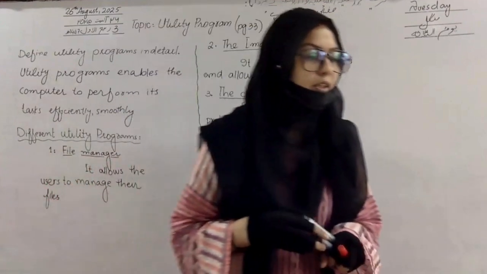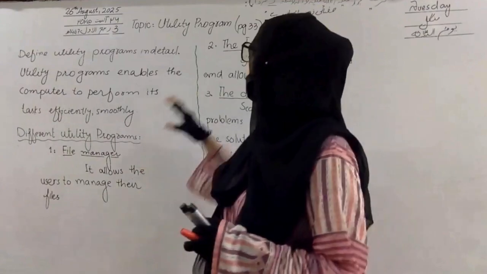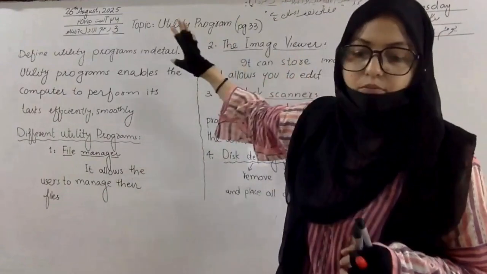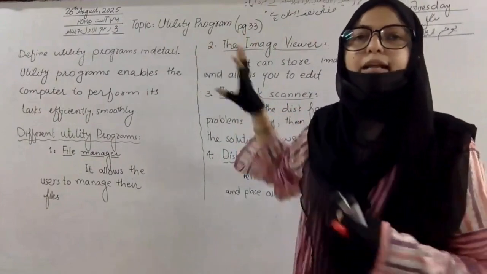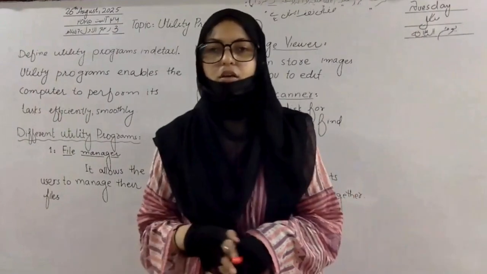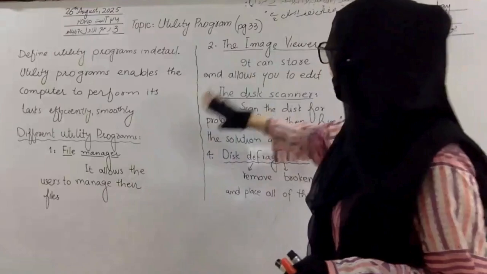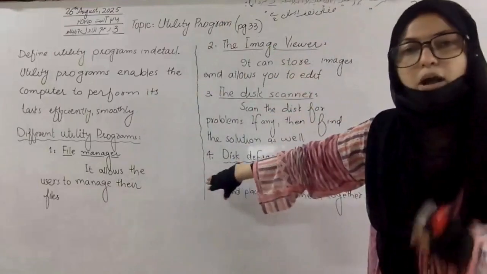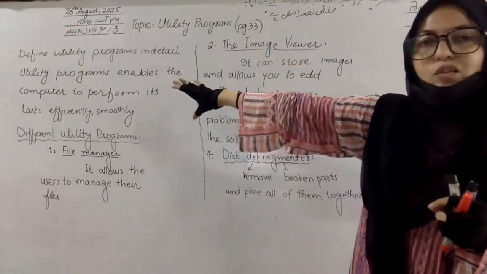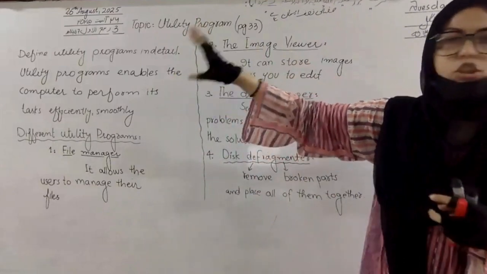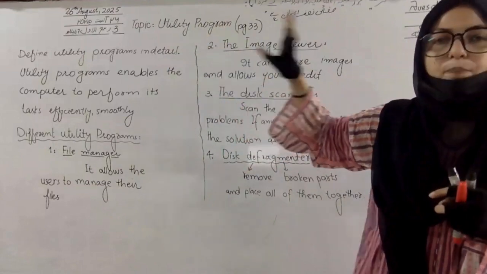Okay. And after that, there are more parts of the utility programs. Some we have done today, some we will do tomorrow, and then we are going to cover this whole topic. For today, you have to learn these 1, 2, 3, and 4 parts of the utility programs. So basically, utility means usefulness, and these programs are used for the computer.